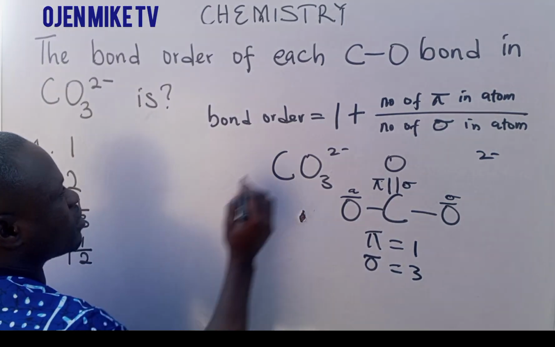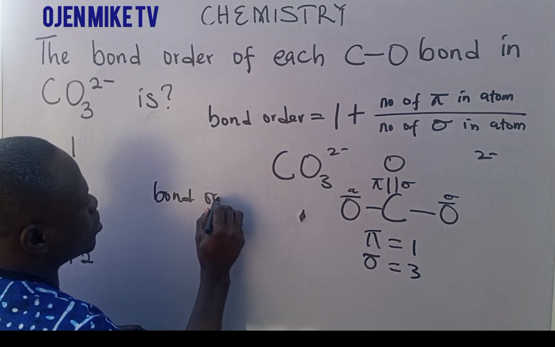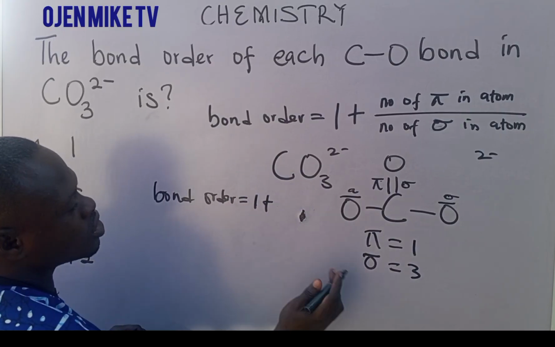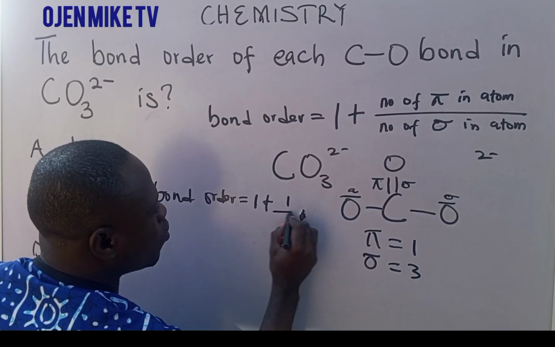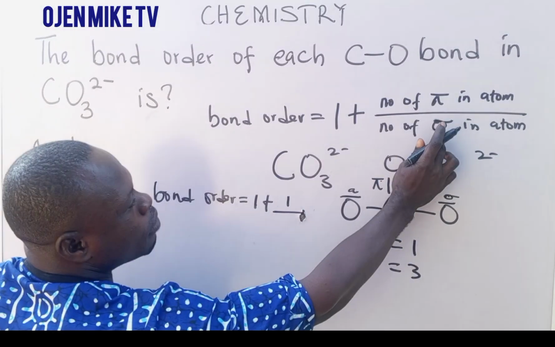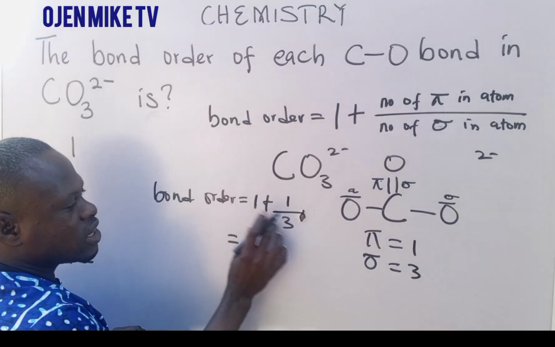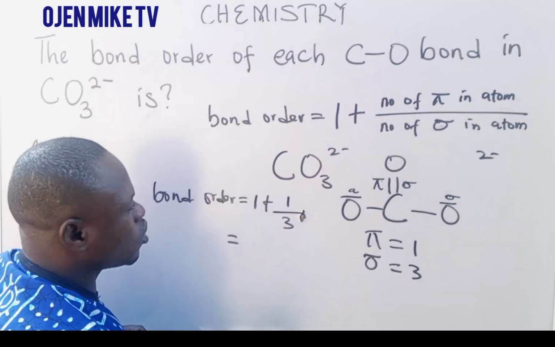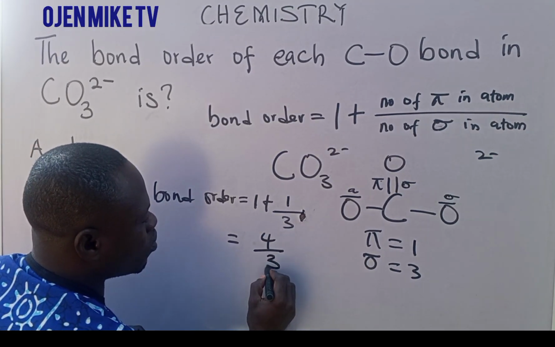We now say that bond order is equal to 1 plus the number of pi bonds, which is 1, over the number of sigma bonds, which is 3. So it is 1 times 3 gives us 3, plus 1 gives us 4. So we have 4 over 3.